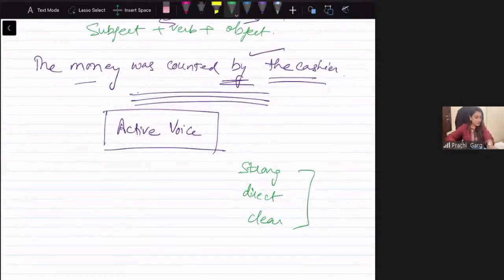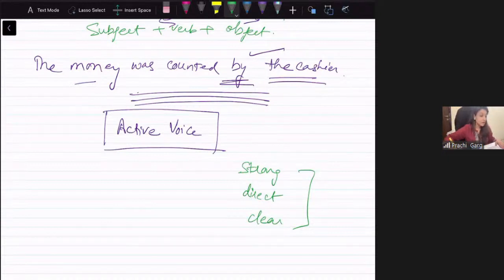Am I clear? Yes. Okay, so first, the change of subject and object. I've already explained how the subject and object change when you are changing the sentences from active to passive. How the subject becomes the object and the object becomes the subject. Clear? Then comes the second rule, which is the change of verb form.